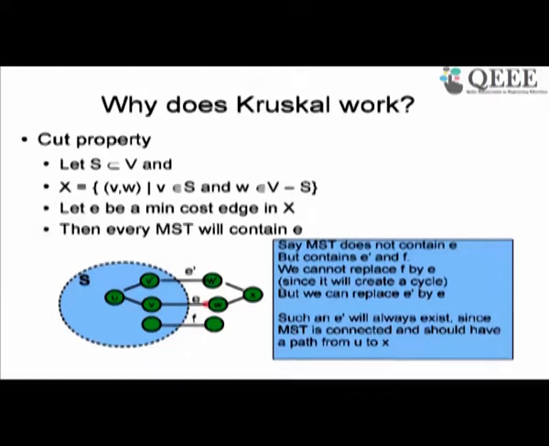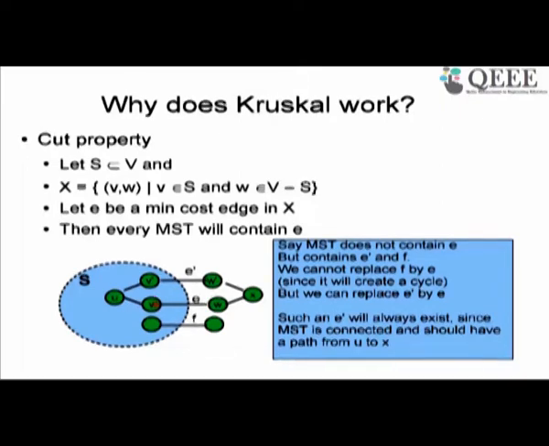Why is that? E will belong to every minimum spanning tree because assume for a moment E did not belong to a minimum spanning tree. E is connecting two nodes V and W. Now there is a minimum spanning tree which I have constructed, and E does not belong to it. In that minimum spanning tree, V and W have to be connected because every node in a minimum spanning tree is connected.